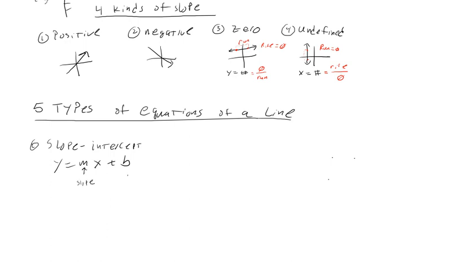B is, of course, the y-intercept. Type 1, slope-intercept.